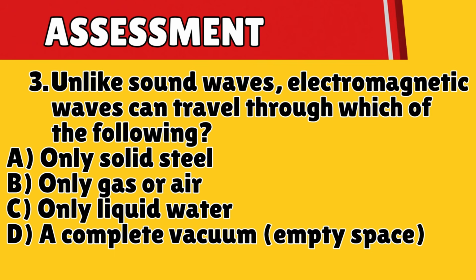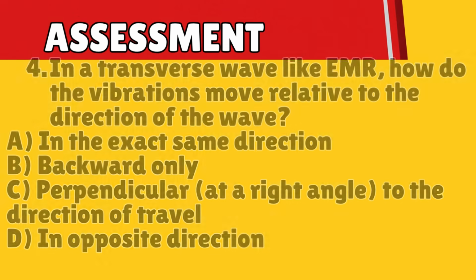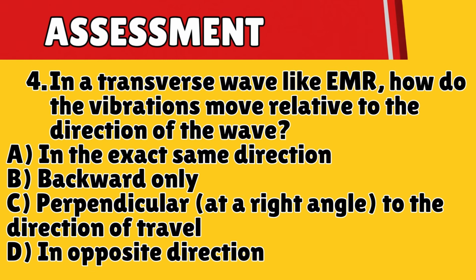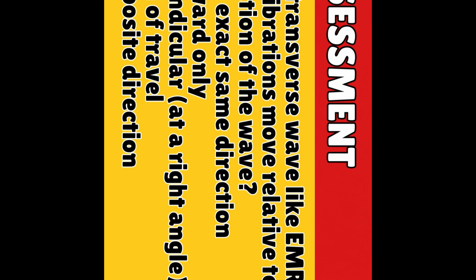Number 3. Unlike sound waves, electromagnetic waves can travel through which of the following? A. Only solid steel. B. Only gas or air. C. Only liquid water. Or D. A complete vacuum or empty space. Number 4. In a transverse wave like EMR, how do the vibrations move relative to the direction of the wave? A. In the exact same direction. B. Backward only.